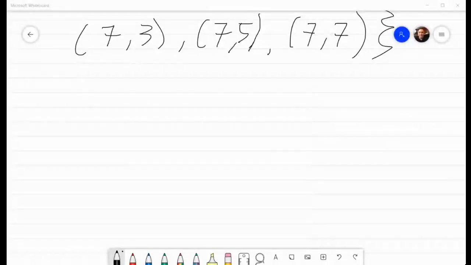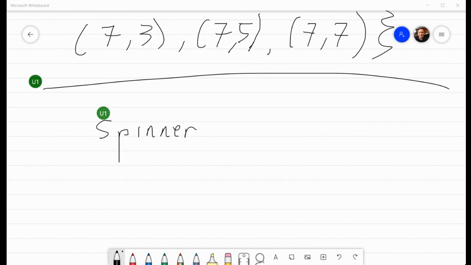Let me see if they can see that. Wait, let me share the whiteboard I have. Okay. So the spinner, right? Okay. There were 2 choices, right? We had red or blue.